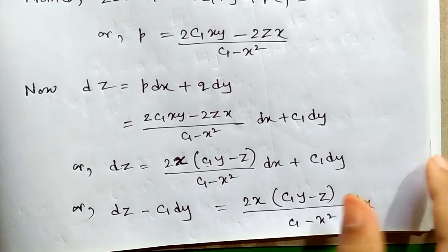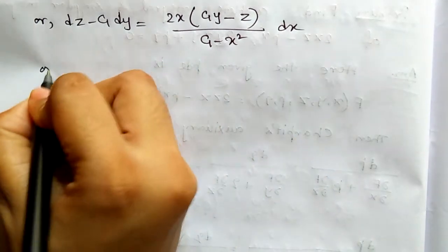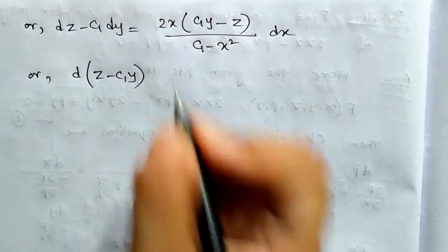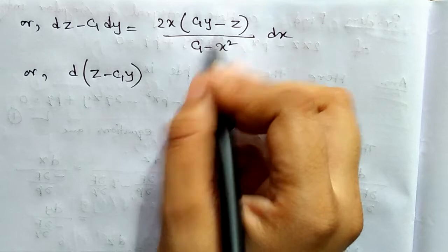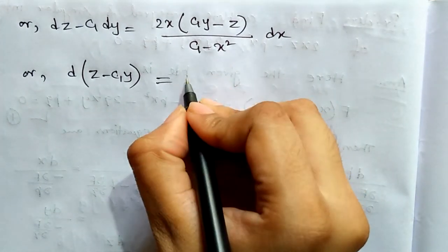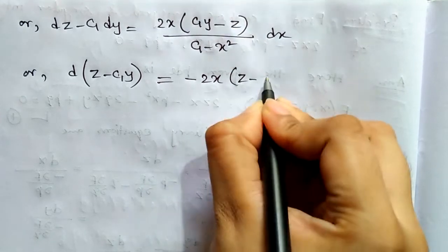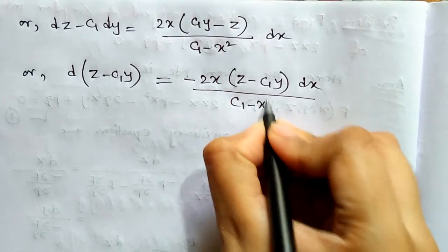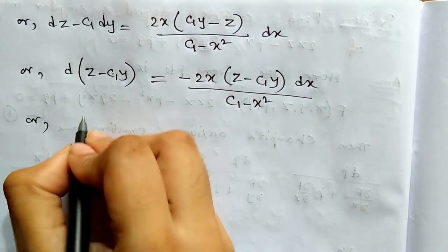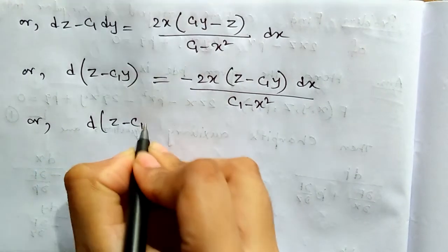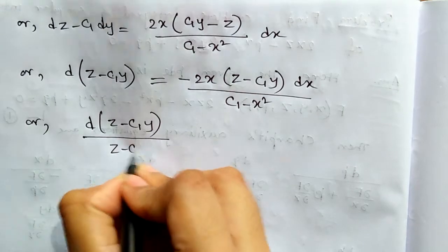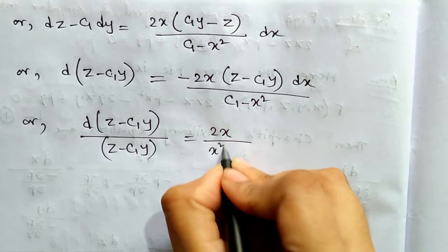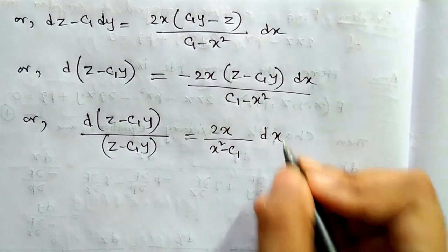And then we can write d of z minus c1y. So we get the similar term, therefore we can write it as minus 2x (z minus c1y) dx by c1 minus x square, or d of (z minus c1y) by (z minus c1y) is equal to 2x by x square minus c1 dx.